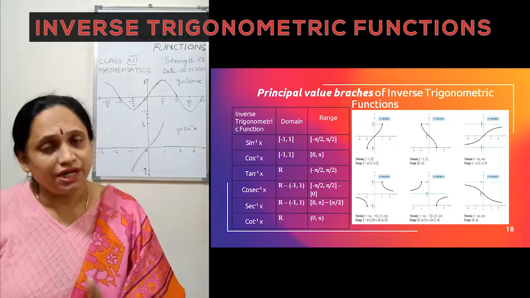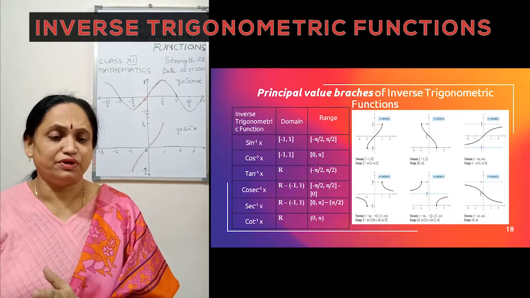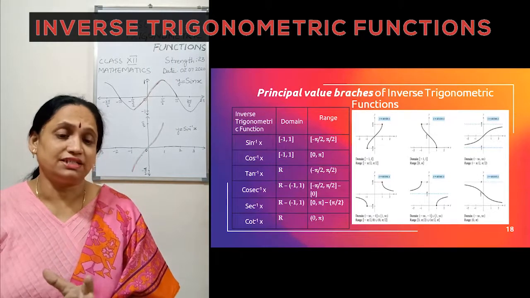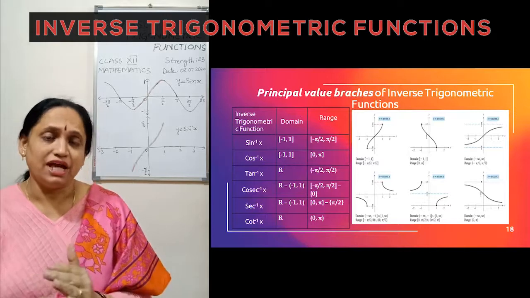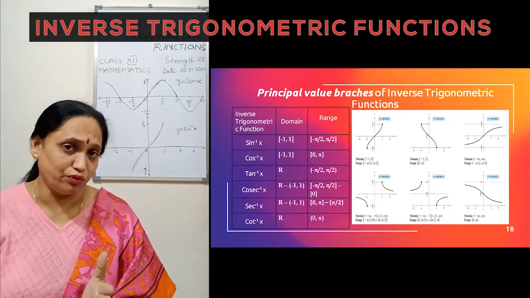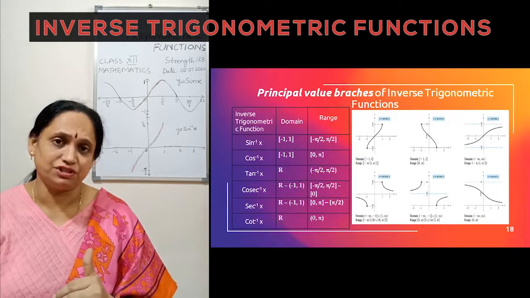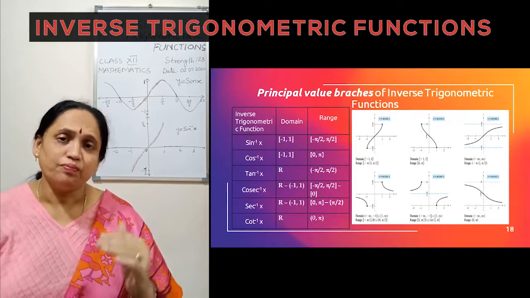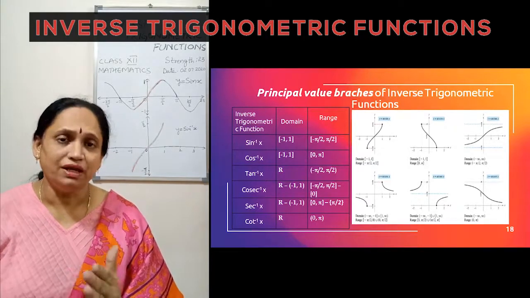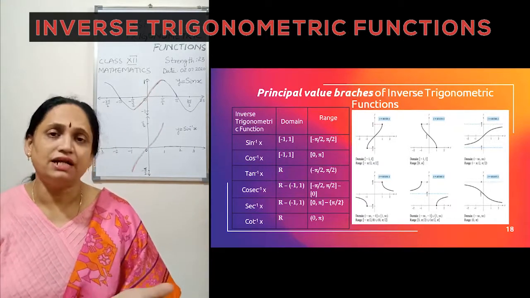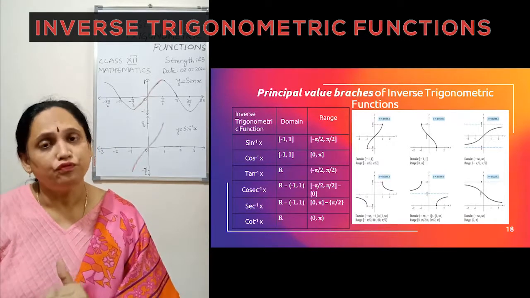When you look at the range of the sine inverse function, it is minus pi by 2 to plus pi by 2. So it tells you that it is covered in the first and the fourth quadrant. The angles in the first quadrant are positive and the angles in the fourth quadrant are negative. So sine inverse of a positive number would be an angle in the first quadrant and sine inverse of a negative number would be an angle in the fourth quadrant.